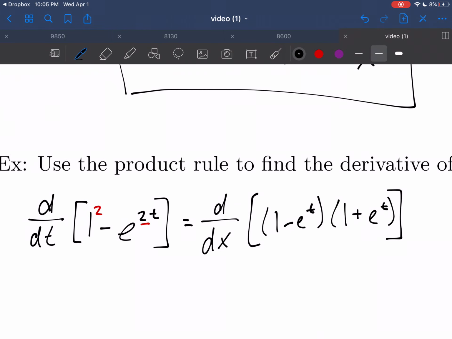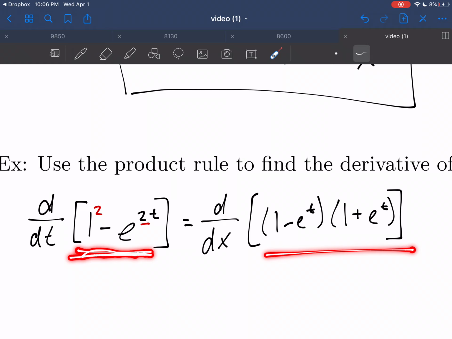We can look at this as the difference of two squares, where it's 1 squared minus e to the t squared, and use our difference of two squares, and that'll give us our product of two functions. Now we have our two functions, we can do the product rule with them.